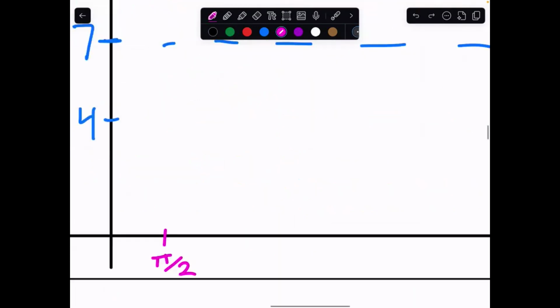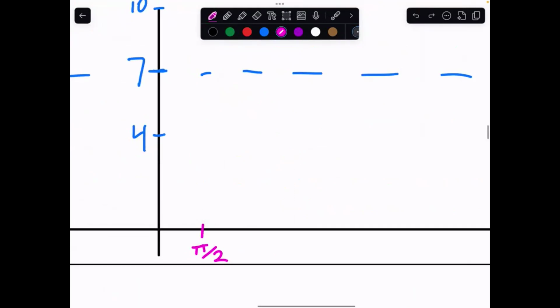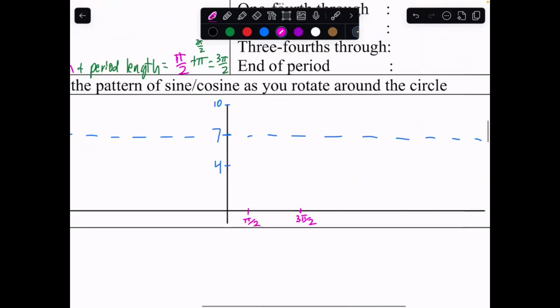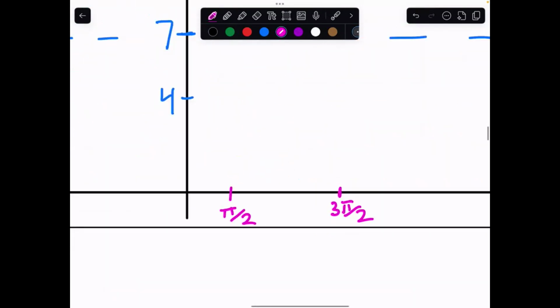So it should be 3 times as far away from the origin. Okay, and now just like I did when we were doing the circle, we're gonna cut this in half. Okay, so go ahead and mark halfway between these.